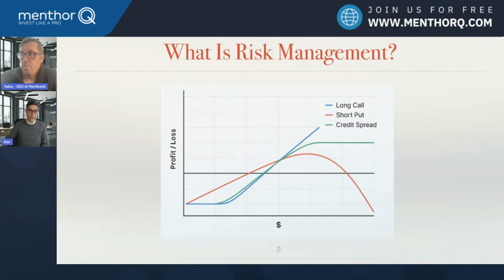If you are in a market where you need to hedge or you don't want to risk too much, set up a credit spread. We've talked a lot about credit spreads, which are basically the building blocks of everything, like calendars. Then there is already some risk management set up in the trade.